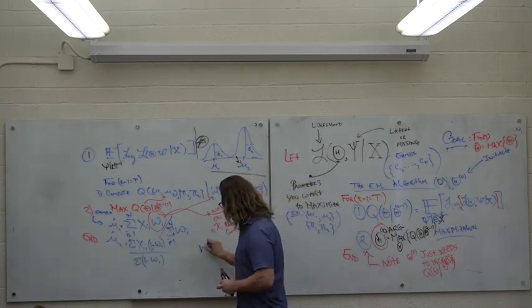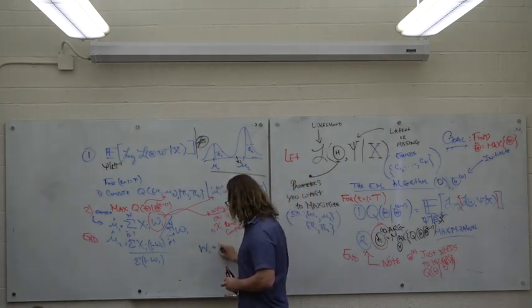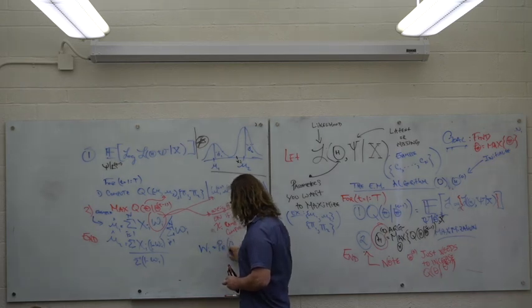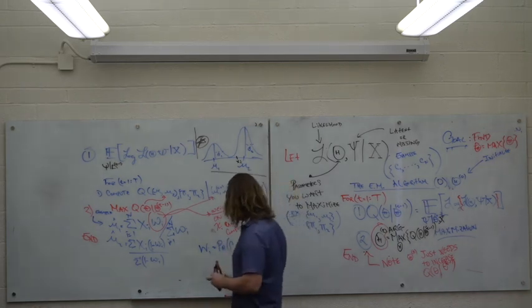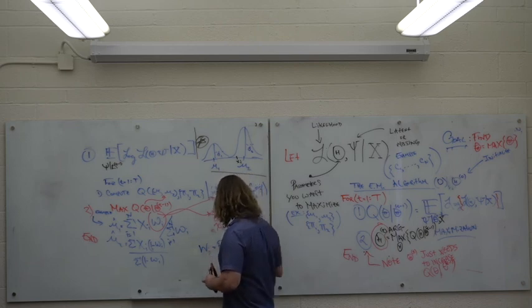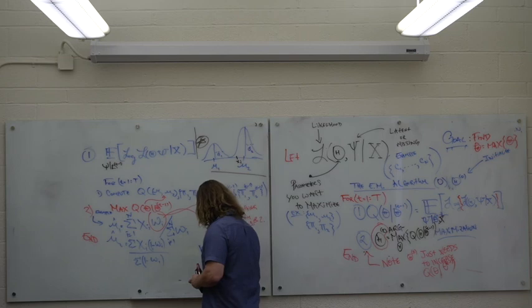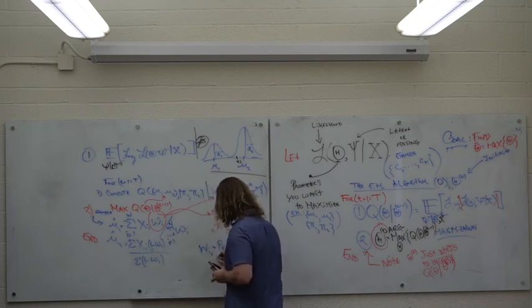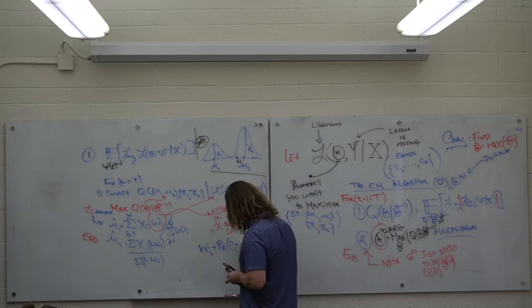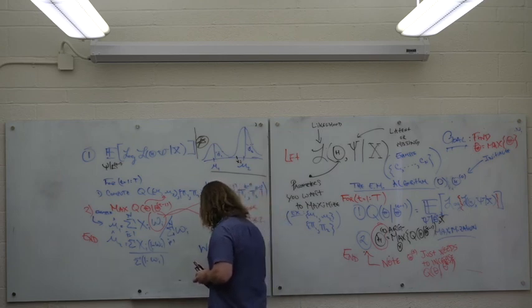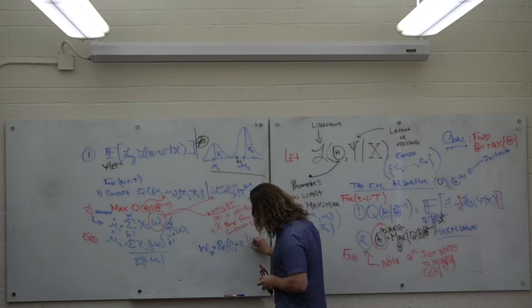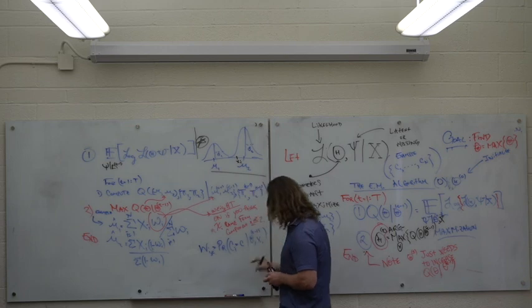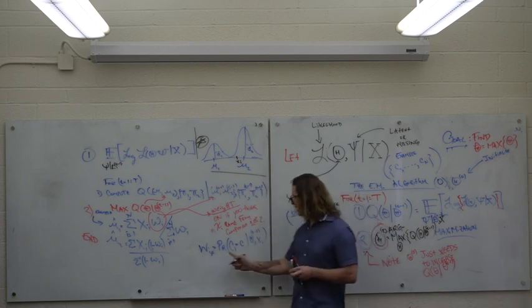This weight is going to be the probability that Ci, I'll say, given theta t minus 1, given xi. So these are all our old parameters. But this is that probability function.